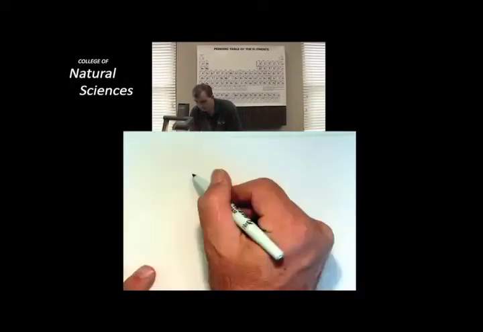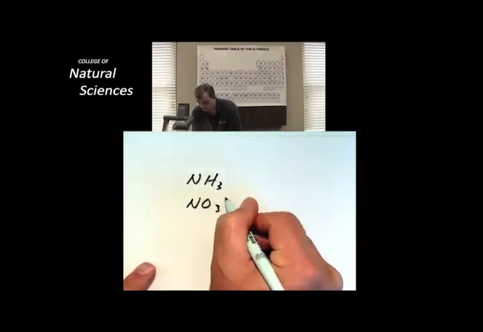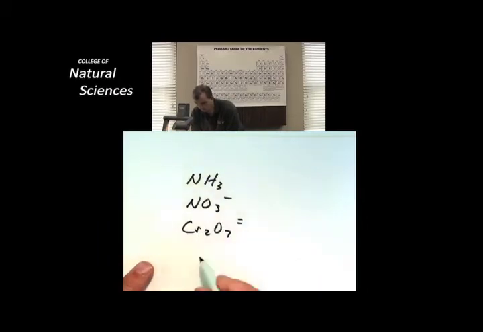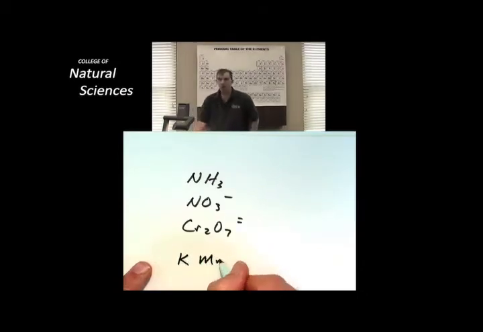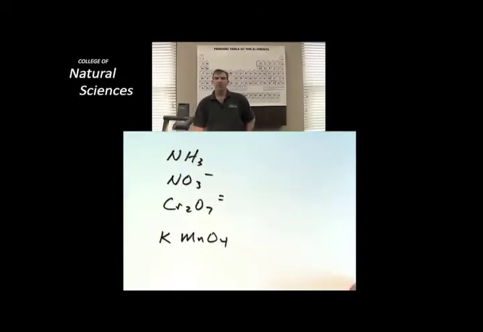Here's some NH3, here's some NO3 minus, here's some Cr2O7 double minus, here's some KMnO4. There we go. 4 examples of an effort to assign oxidation numbers to these particular compounds. The nice thing about assigning oxidation numbers to these compounds is that it becomes really very much a rote sort of process.